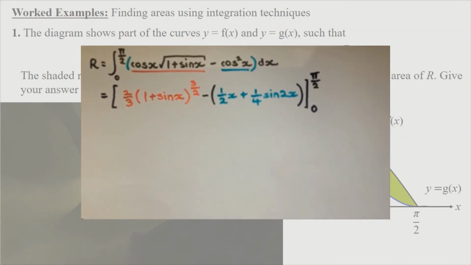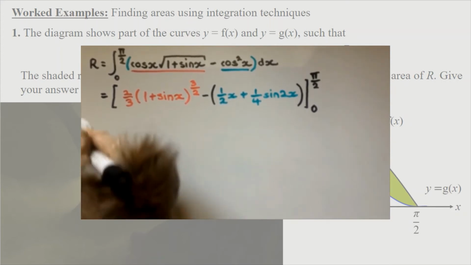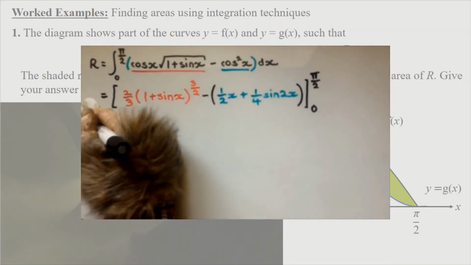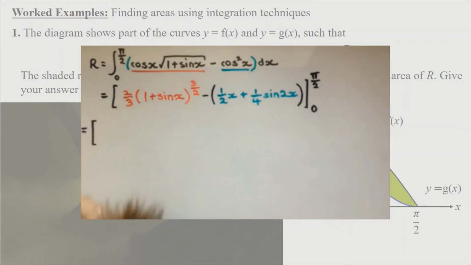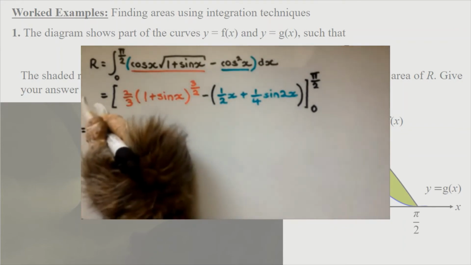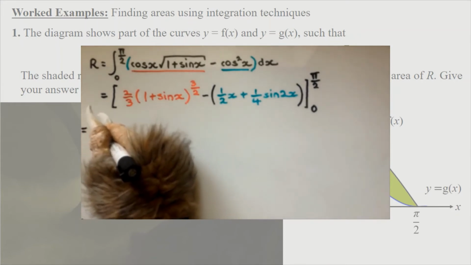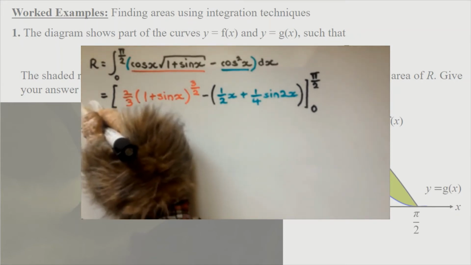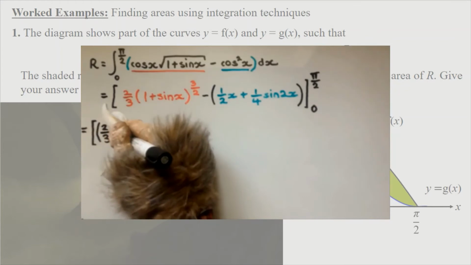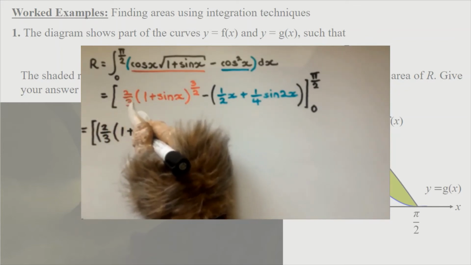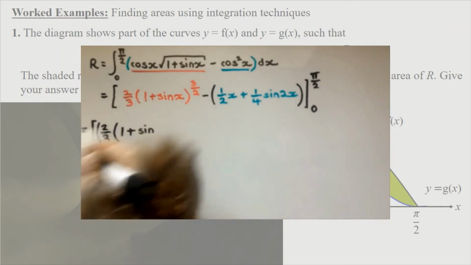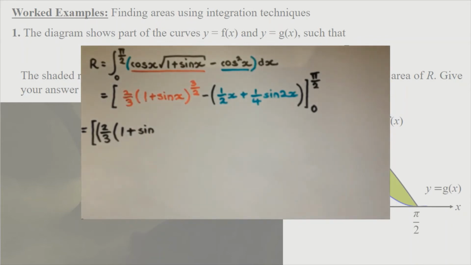Let's substitute in the values. We're going to need a lot of room here. So this is going to equal big square bracket, and let's substitute in the upper limit. Well, that's going to be 2/3 of 1 plus sine, and if I substitute in the upper limits, I'll do that in red.